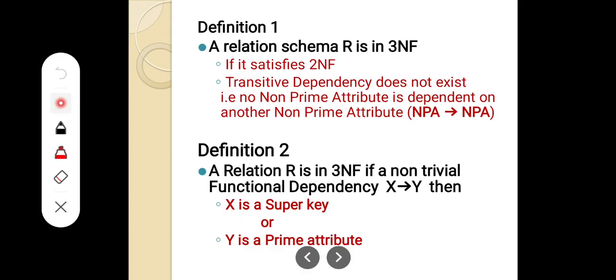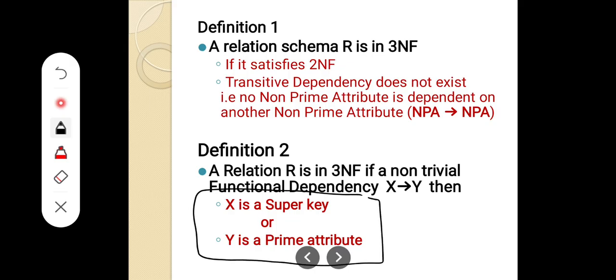But a non-prime attribute determining a non-prime attribute cannot be accepted; this is violating 3NF. These two conditions give the true condition for 3NF. Clear? Just remember these concepts. This is the main concept.